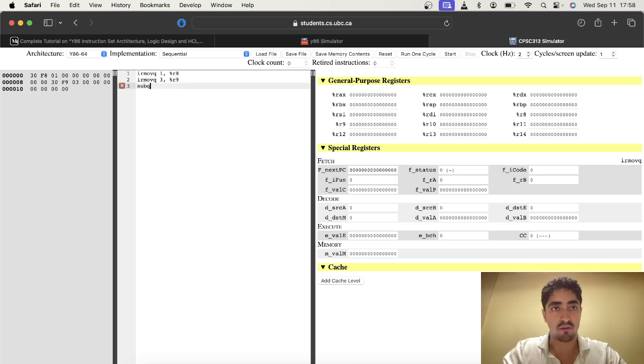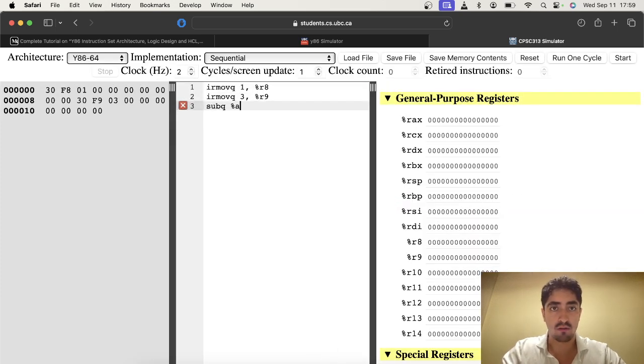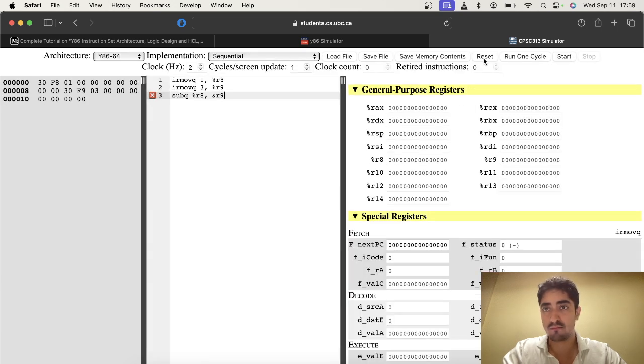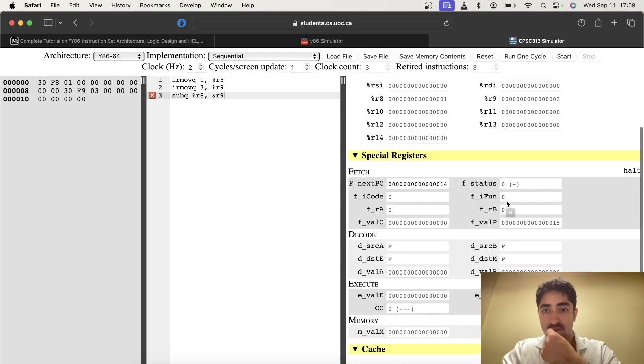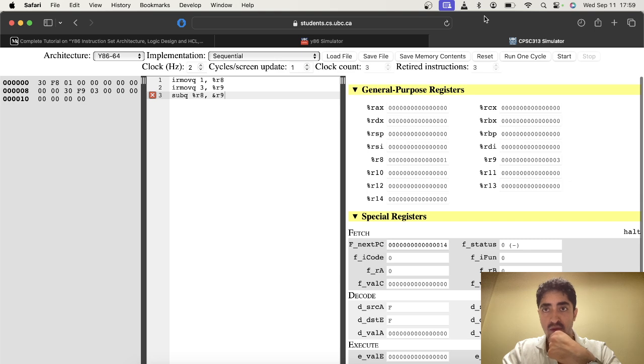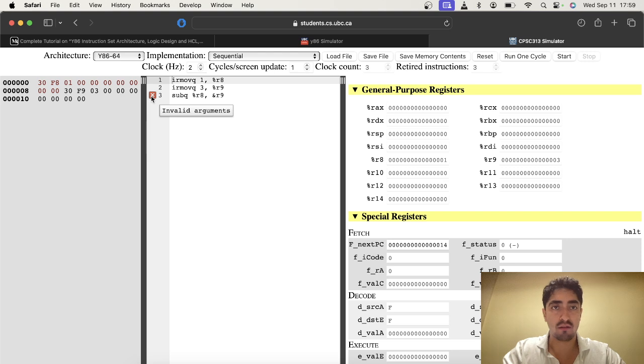Now we do subq R8, R9. Okay, it's 3. Something's wrong. Invalid arguments?